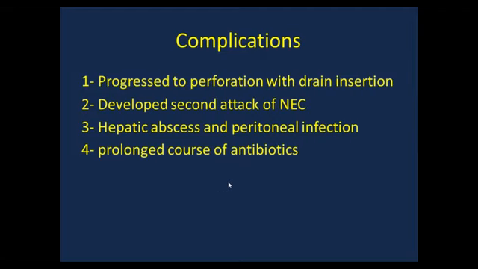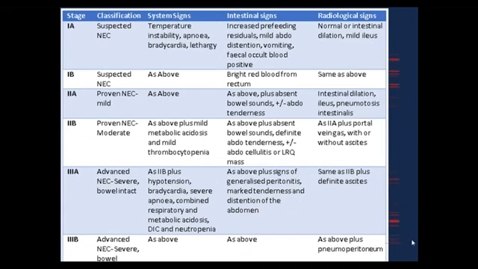Complications of this case progressed to perforation with drain insertion. This infant developed a second attack of NEC with hepatic abscess and peritoneal infection, and stayed on a prolonged course of antibiotics.